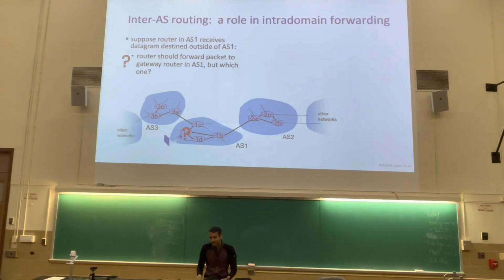It has to get it outside of its network. But the question is which one? Should it go to 1C, that is clearly a border router that's peering with AS3, or should it send it towards 1B, which is peering with AS2? In this example, those are the only 2 ways to get out of your own network. And that's the question this router needs to answer.